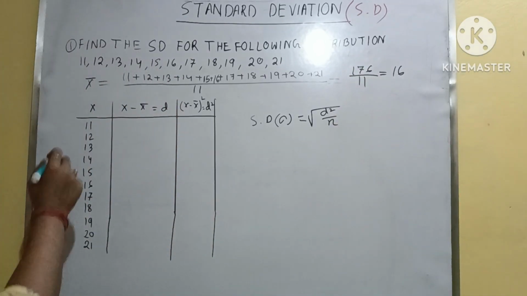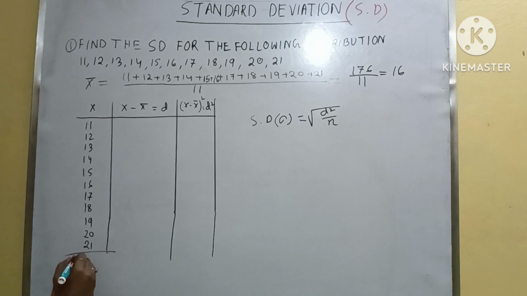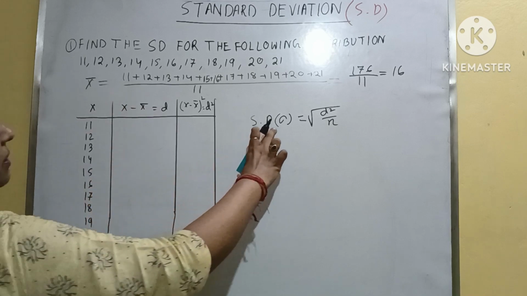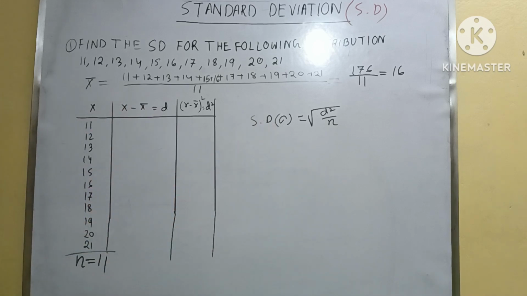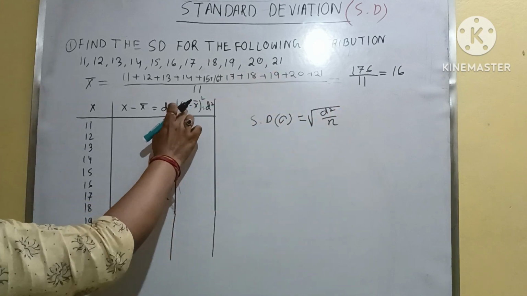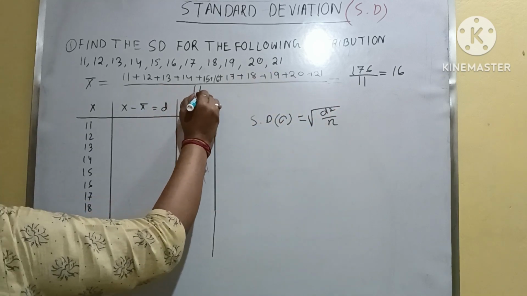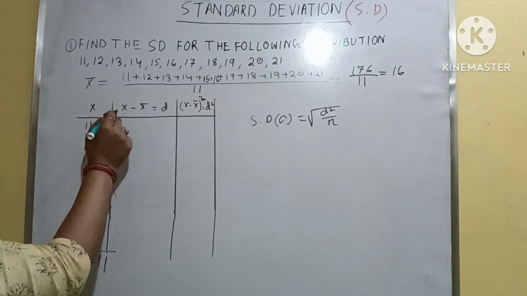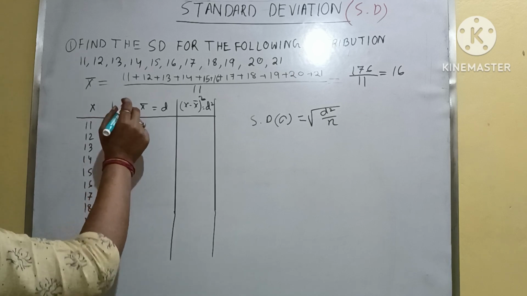And now here n is 11, and the equation is the square root of summation d square by n. D square is nothing but x minus x bar whole square, and n is 11. So first we have to calculate x minus x bar, where x bar is 16.